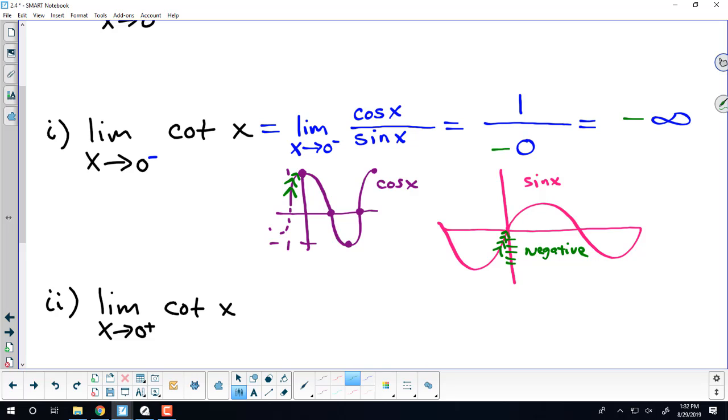So we forgot about cotangent, but what do we now know? What happens on the graph of cotangent near 0? It's undefined because the graph of cotangent has a what at x equal to 0? A vertical asymptote, right? Remember, that's the definition of a vertical asymptote.